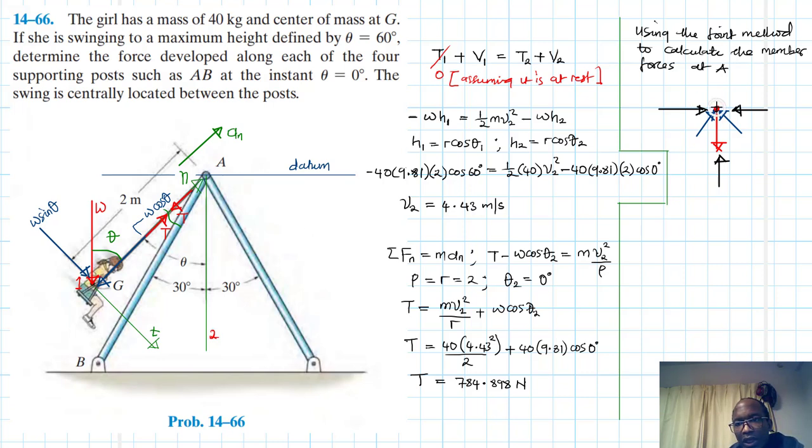This is point A. Alright. So I want to make mention that force AB is equal to, let's call this one here C, AC, which we are just going to say is equal to F.